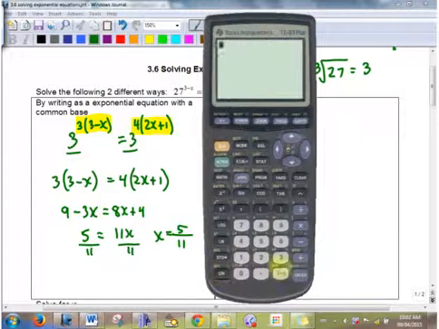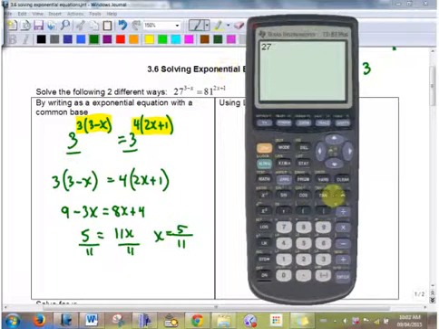Kind of tricky, but let's go right back up here. 27 to the power of bracket 3 minus, what's x? 5/11ths. I don't need brackets there because this thing will do bed mass.